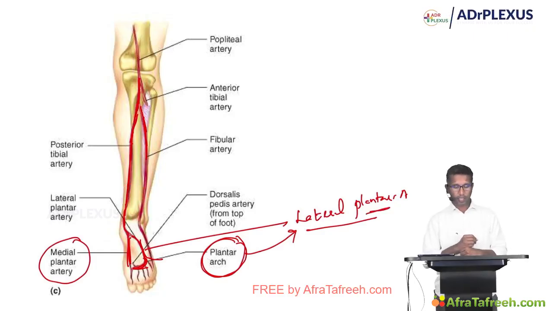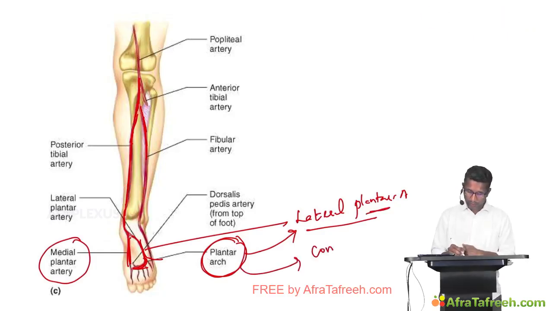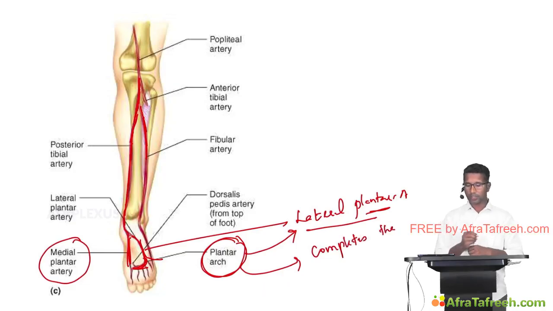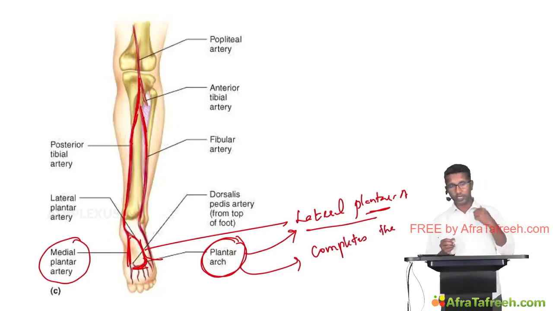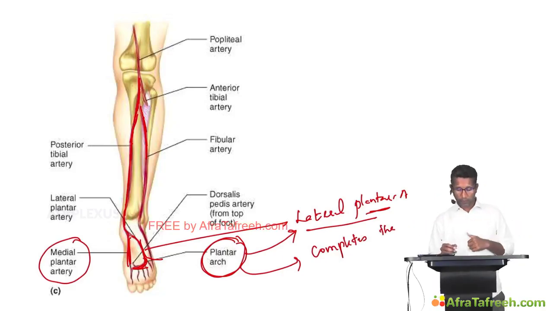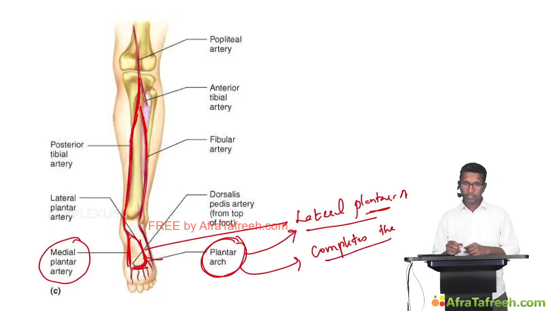Now can anybody tell me what is the artery that completes the plantar arch? The artery which completes the plantar arch is an artery which runs on the dorsum of the foot and dips into the plantar aspect. It is nothing but the dorsalis pedis artery.